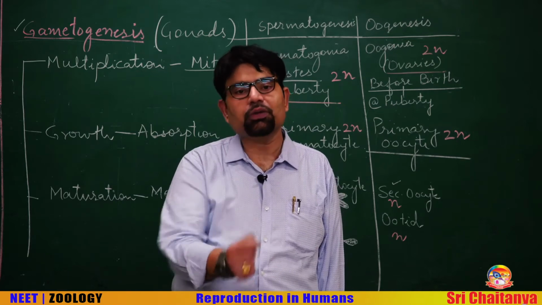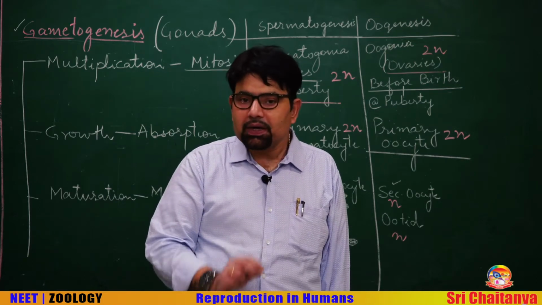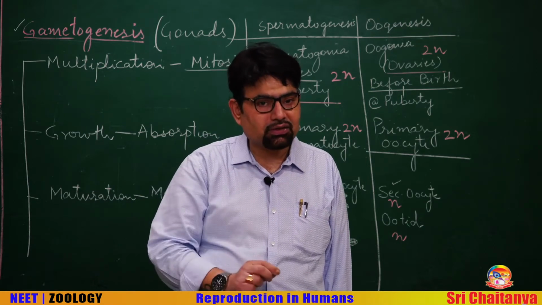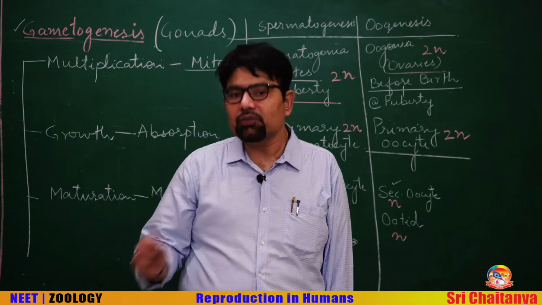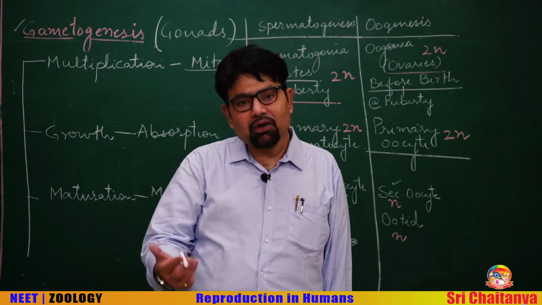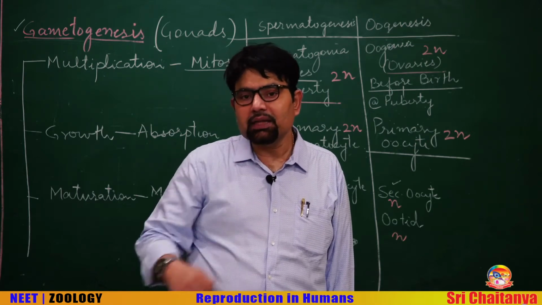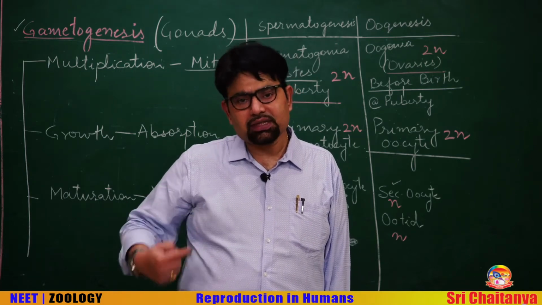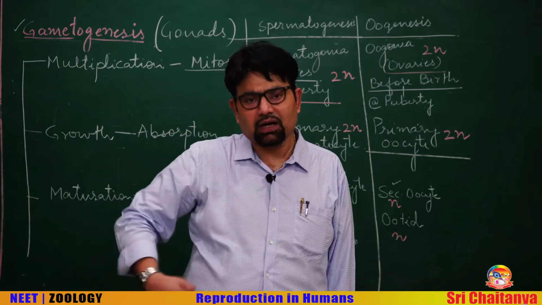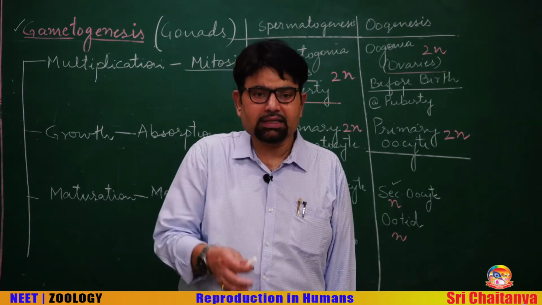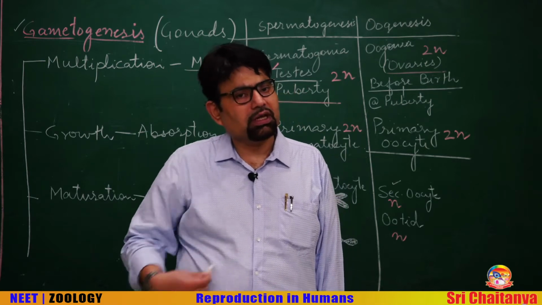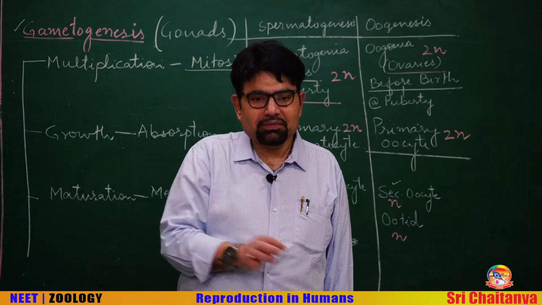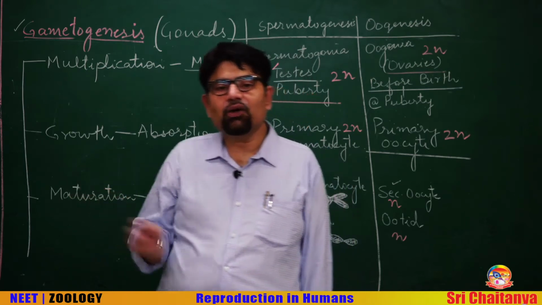They are just about to become secondary oocytes, but they have stopped at the diplotene substage of prophase 1 of meiosis 1. A girl is born like that. Before birth there are around 7 million in each ovary, but at the time of birth 1 to 2 million in each ovary. Don't bother that the woman has to make so many ova in her life.